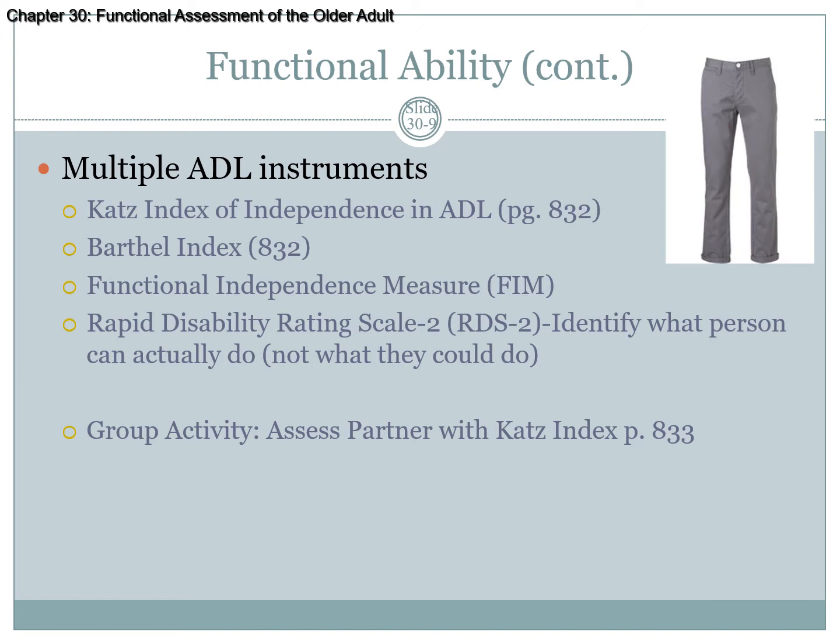Okay, so there are different types of instruments or assessment tools that are utilized to assess a person's functional status. We can use the Katz Index of Independence in ADLs to take a look at the person.